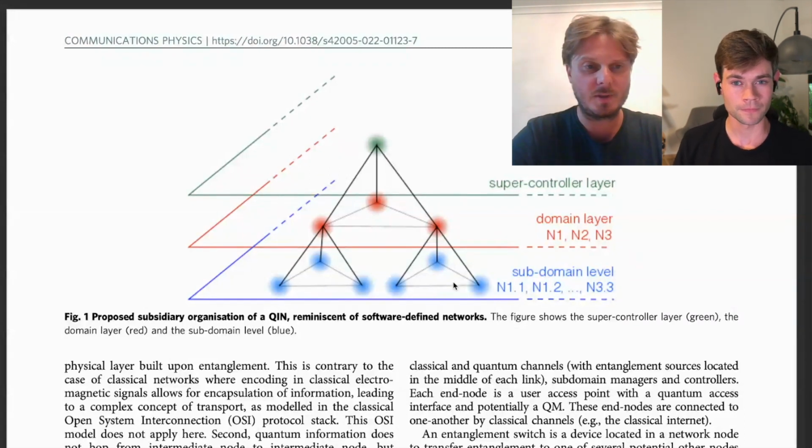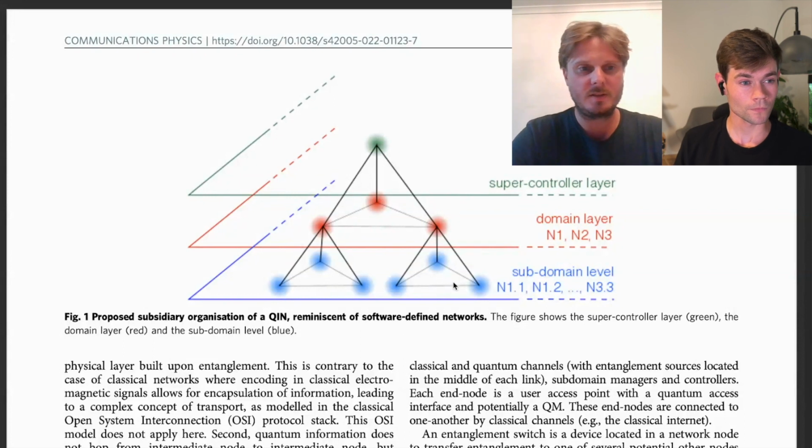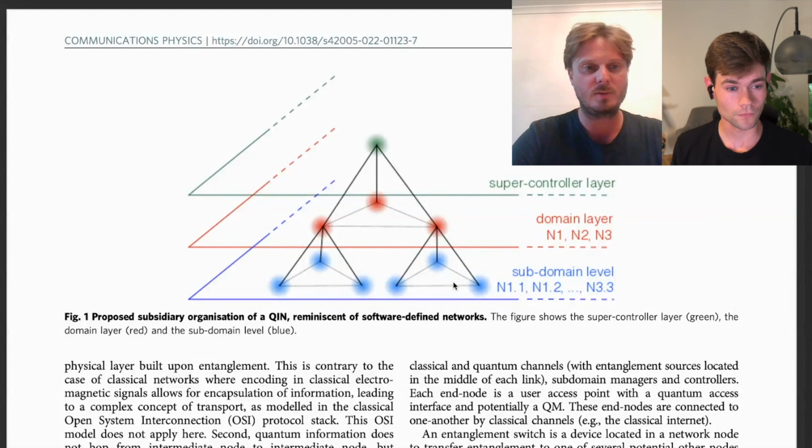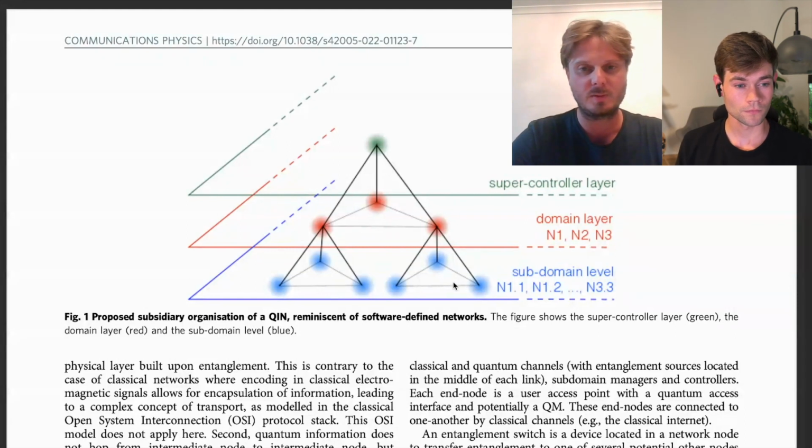Yes, okay, so of course. In this picture, you have to understand that this is not the quantum link. This is an architecture, a subsidiary organization for a quantum information network based on software-defined networks. It is an architecture of who is the master and who gives the order to drive the network.